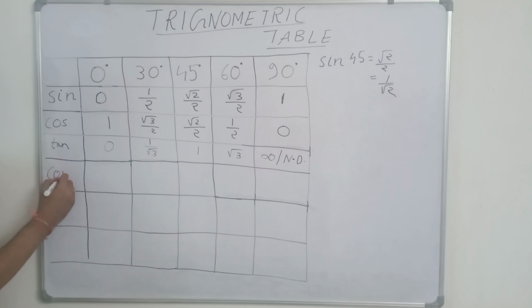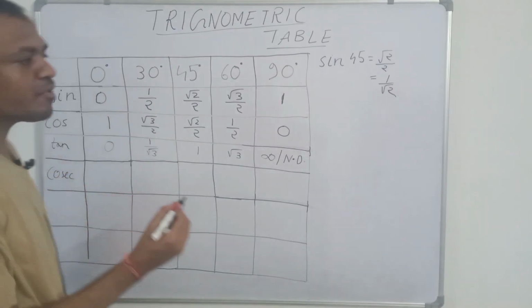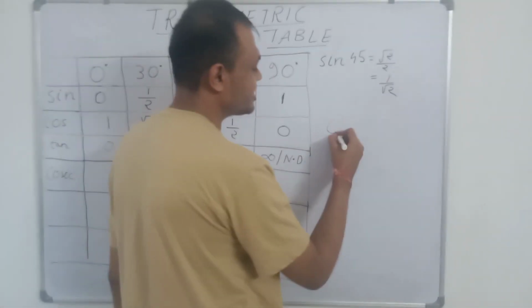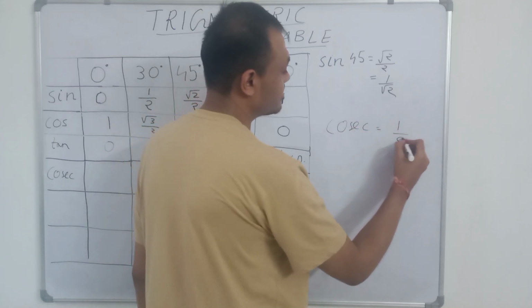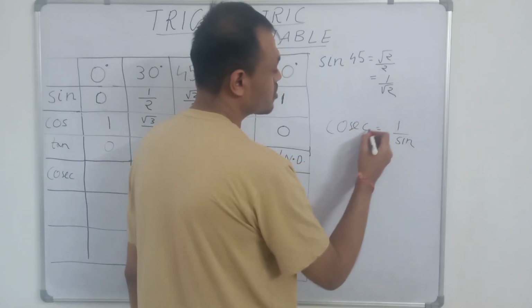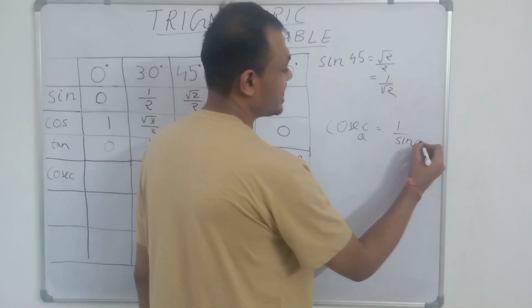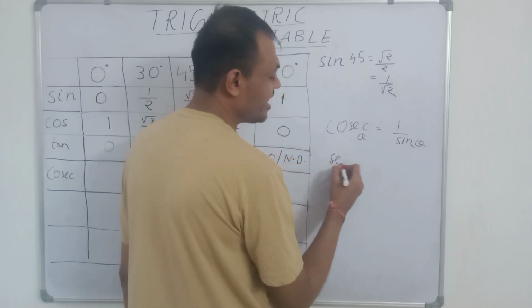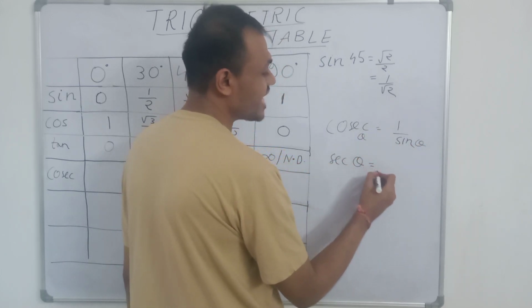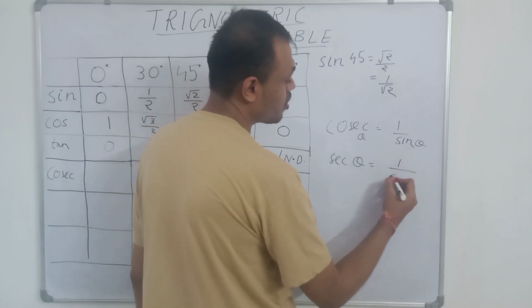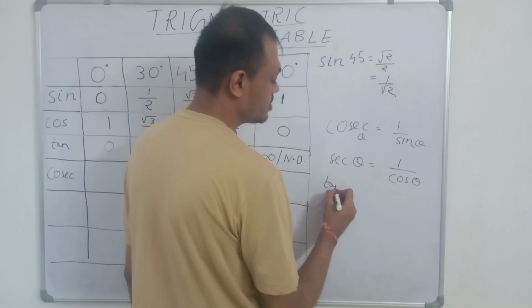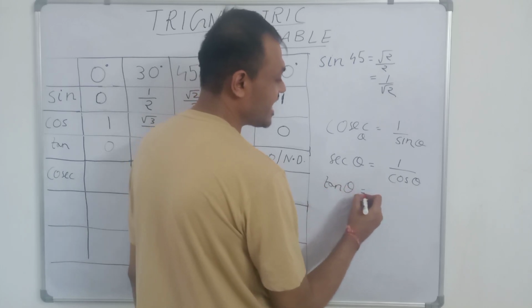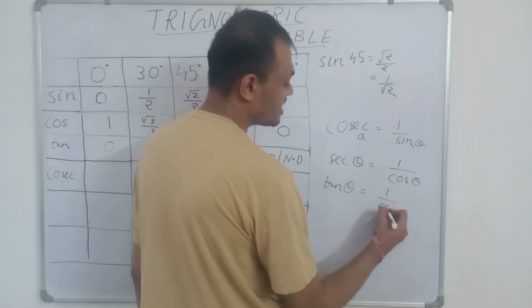Now for cosec, cosec is equal to 1 upon sine. This we have studied previously also. Cosec theta equal to 1 upon sine theta. Sec theta is 1 upon cos theta. And tan theta is equal to 1 upon cot theta.